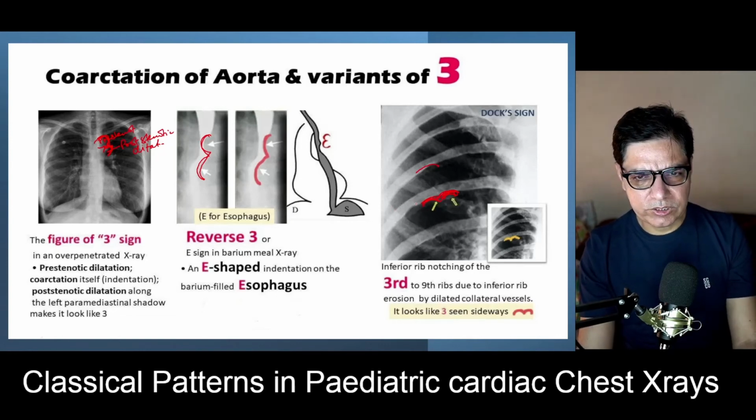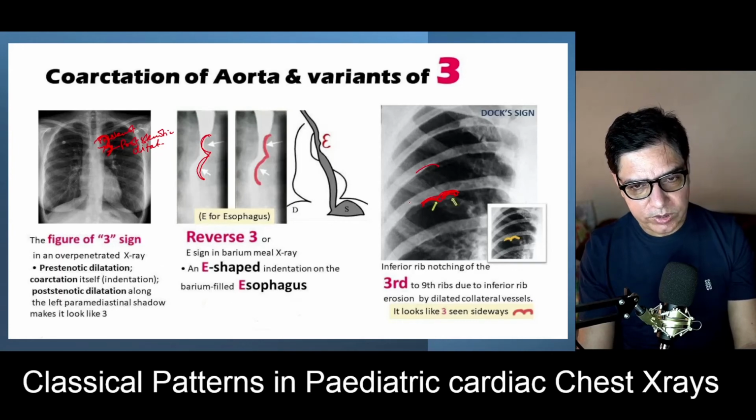This notching on the inferior margins is because of the dilated collateral blood vessels, and it looks like a 3 on the side. So whenever you see these 3-like things, the figure of 3 on the chest X-ray, either on the inferior margins of the rib, on the aortic knuckle, or on the barium swallow and chest X-ray after that, you can say that this child has got coarctation of aorta.